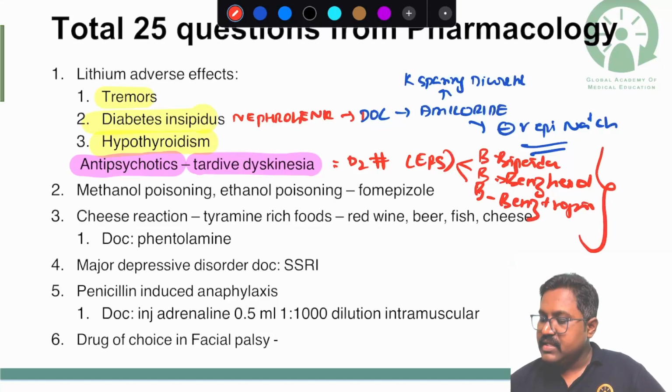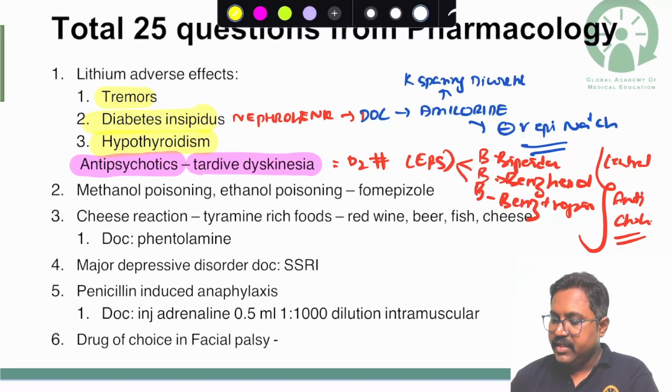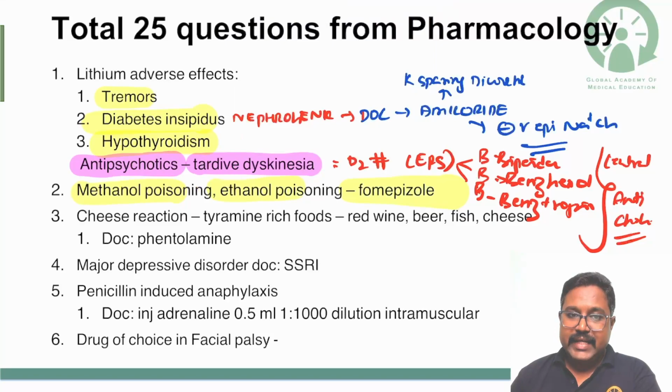These are the centrally acting anticholinergic agents. So what is the treatment in case of ethanol poisoning? It is fomepizole. Basically it will inhibit the alcohol dehydrogenase.